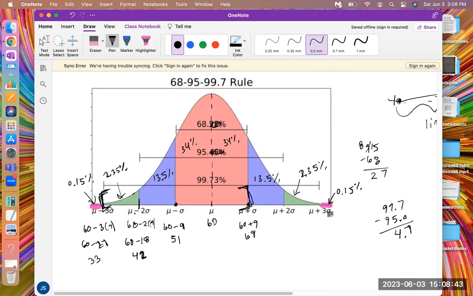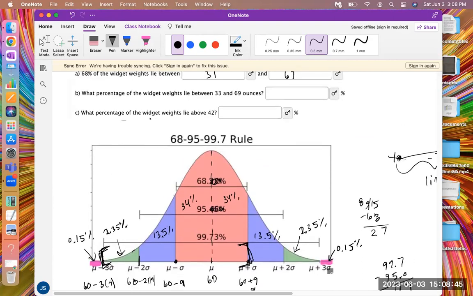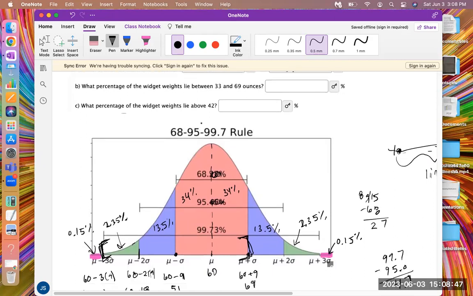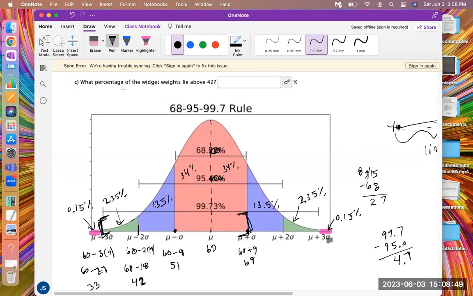All right, so find all the data that lie above that. So that's here. Here's where we're trying to find above. So that would be from here all the way.